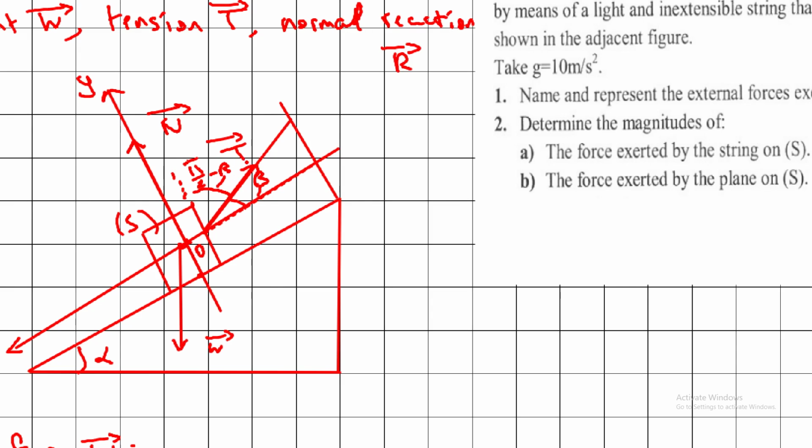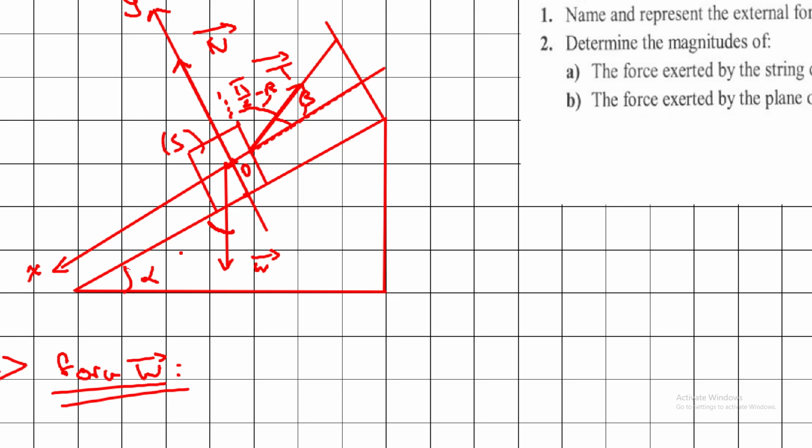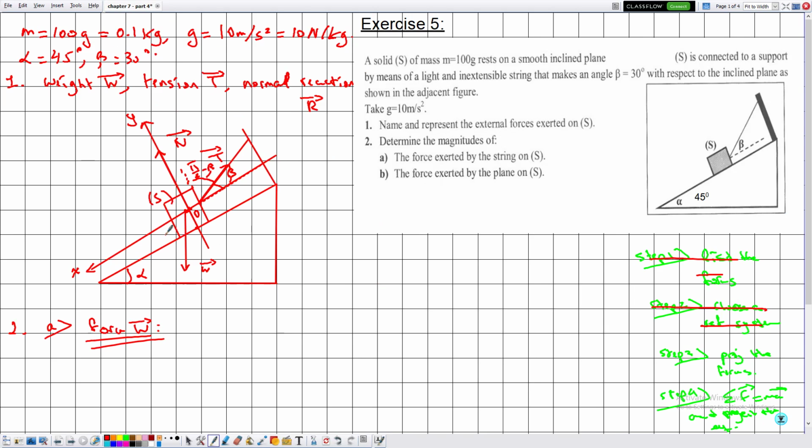Now if this is alpha, then this angle is pi by 2 minus alpha, and because this line is parallel to this line, this angle will also be pi by 2 minus alpha. So if this is pi by 2 minus alpha, then this angle is alpha.